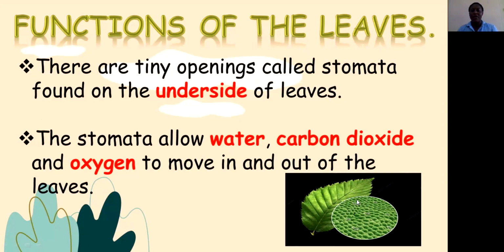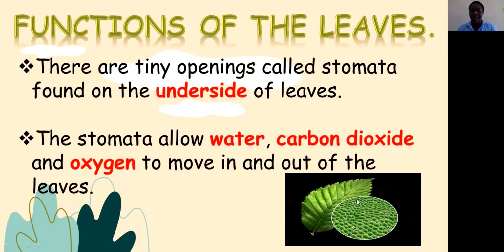Now, there are tiny openings called stomata. They are found on the underside of the leaves, under the leaf. The stomata allow water and carbon dioxide and oxygen to move in and out of the leaf. That is the work of the stomata.